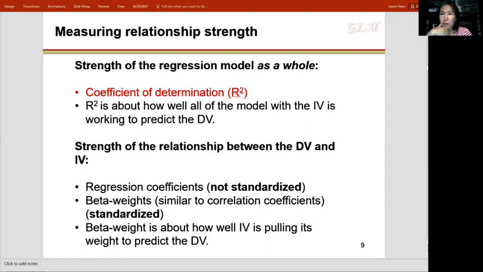Since the Pearson correlation R has a maximum of 1 and a minimum of 0 in absolute value, between 0 and 1, and we know the highest and lowest values of R, R square also has a lowest and highest value, which are 0 and 1 respectively. So you can compare the magnitude of this model and the magnitude of that model.